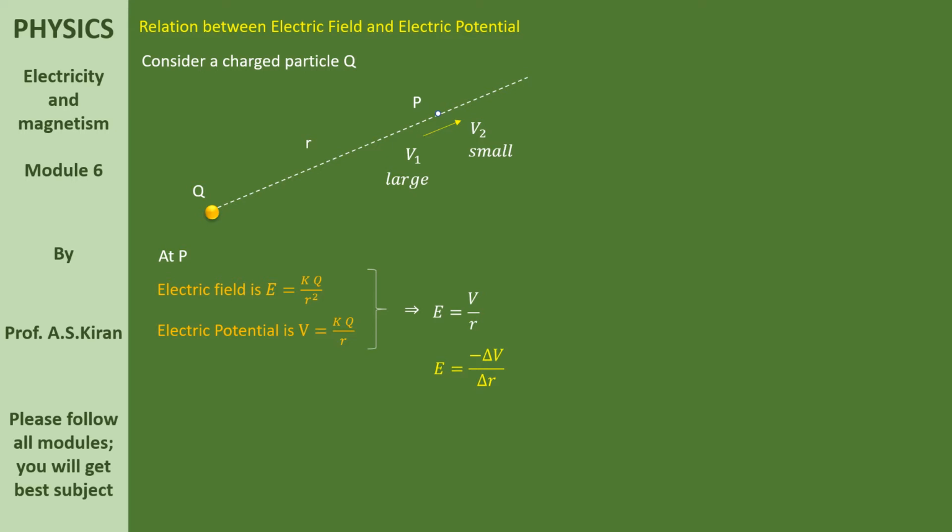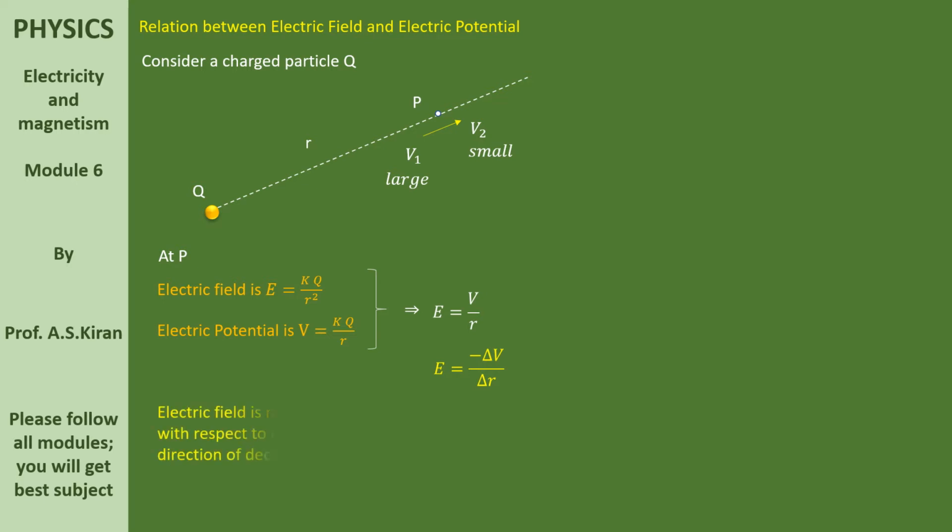So now E is equal to minus delta V by delta R. Delta V is the change in potential, delta R is the change in R, where the minus sign indicates the electric field is in the direction of decrease in potential.